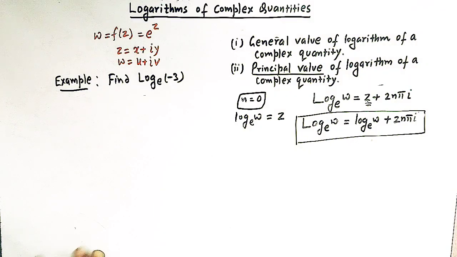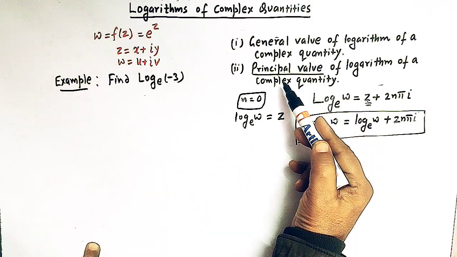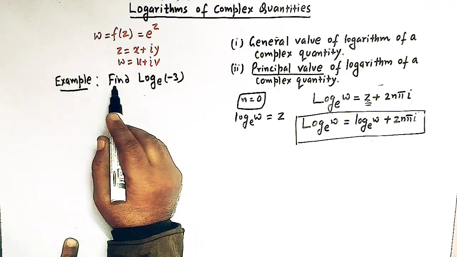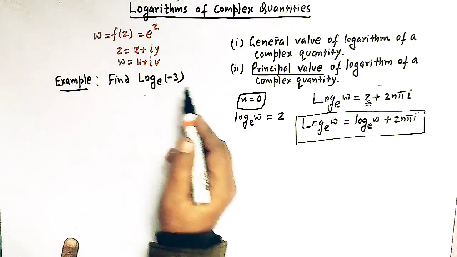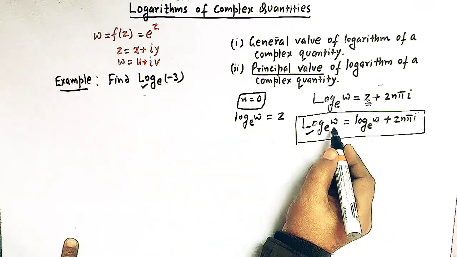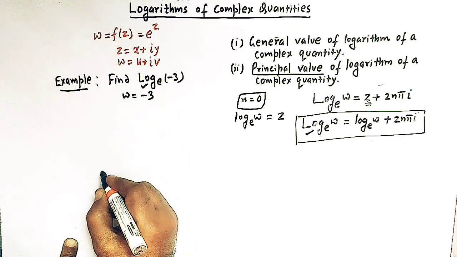So now let us understand the concept of general value and principal value of the logarithm of a complex quantity with the help of this example. So here we have to find the log of minus 3. So if we compare this one and this one, then we can see that w is equal to minus 3, right?